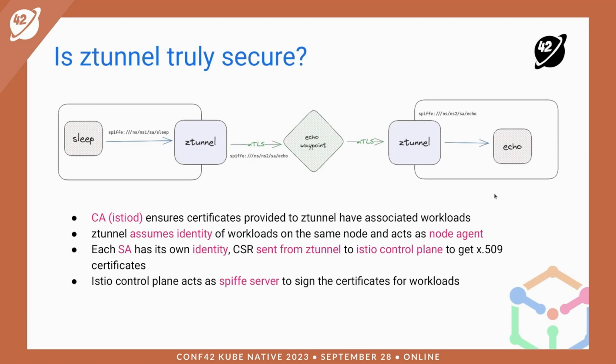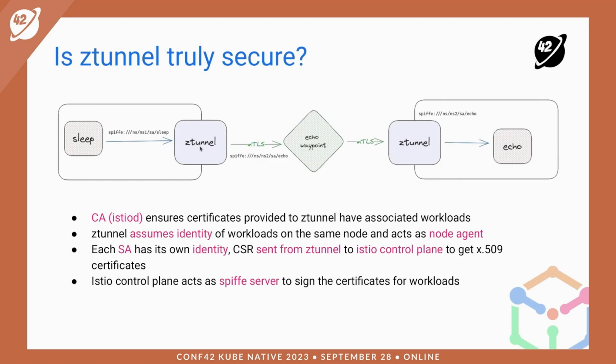So what's happening is, for generating the certificates for a particular service or particular workload, Istiod is the one that acts as the root CA. You can configure it to use a different root CA, but Istiod in this case acts as the certificate authority. ztunnel here assumes the identity of a workload which is running on its node, and it acts as a node agent in terms of SPIFFE.